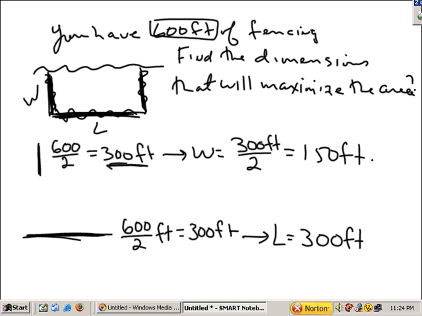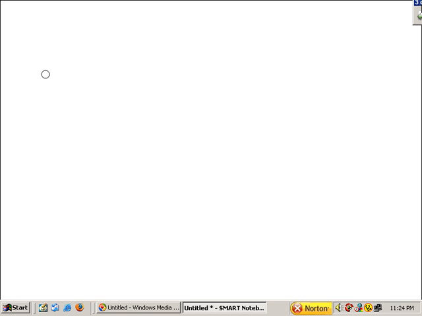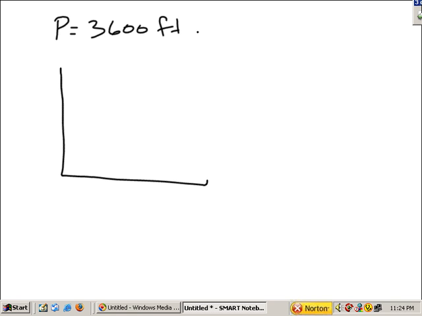Let's try another one, get the quick answer, then we'll do at least one of them using calculus. Suppose you have 3,600 feet of fencing, and you want to make a configuration that looks like this.